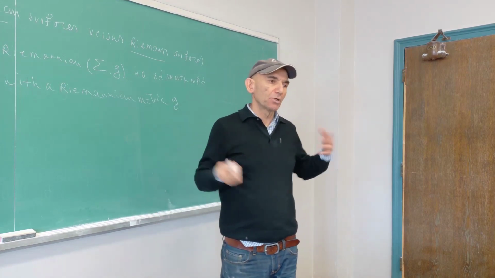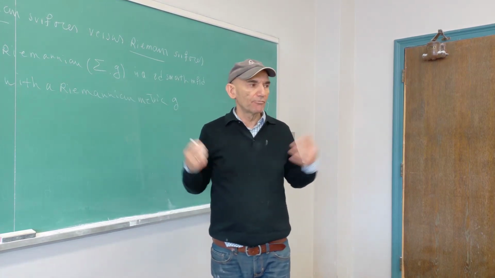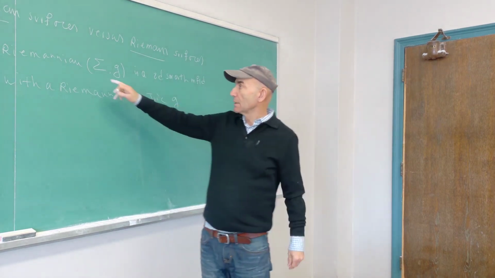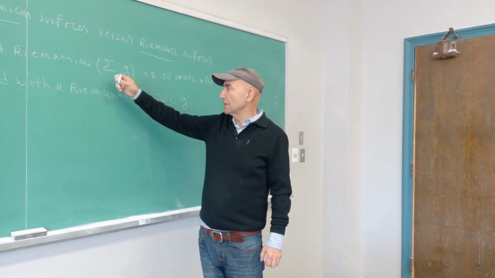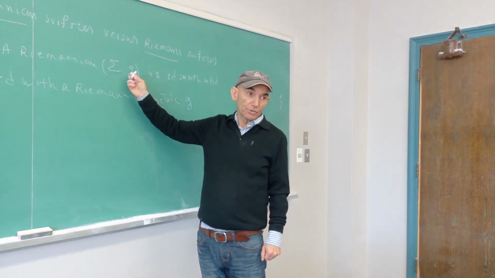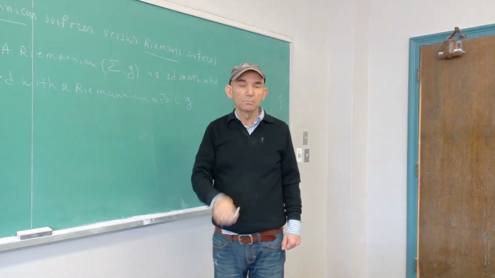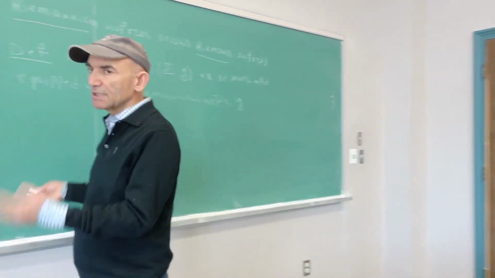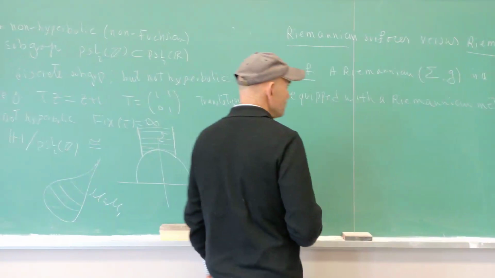We have even n-dimensional analogs of this thing, Riemannian manifolds in general. But the Riemann surface, of course, is two-dimensional; it is a surface equipped with a complex structure. So the question is, what is the relation between the two concepts?